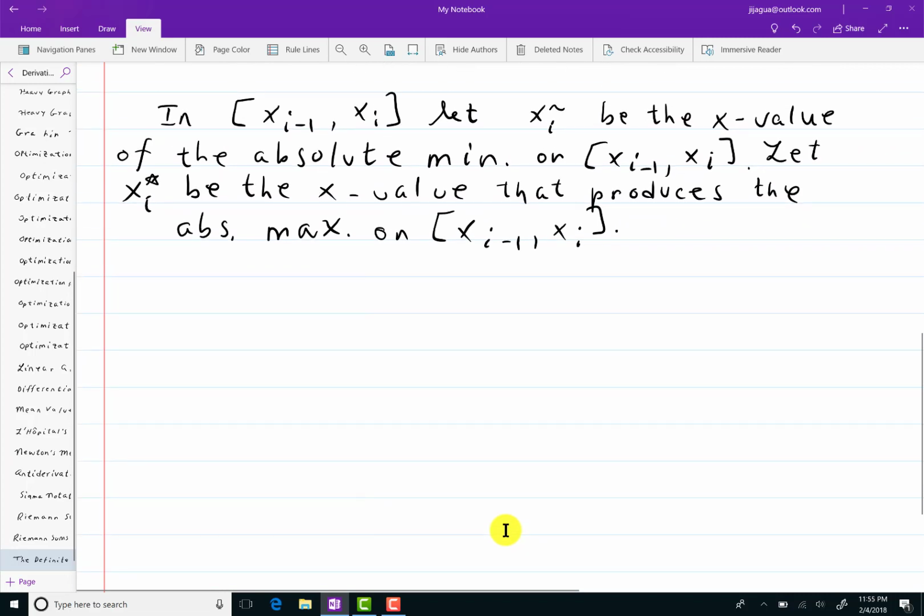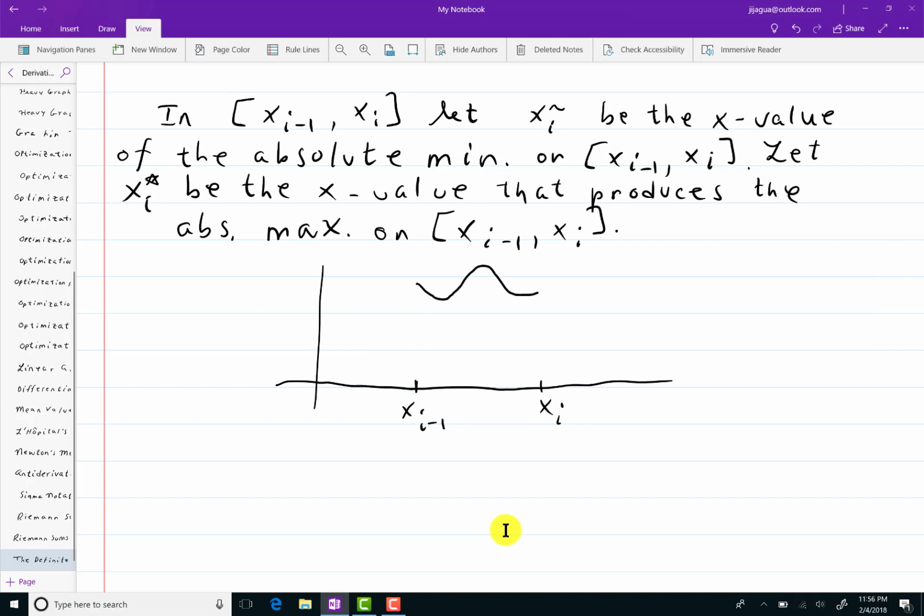So what do we know about this then? Let me draw a picture of just x sub i minus 1 to x sub i. On this interval, it could dip down, squiggle up, and all sorts of things. I really don't care. So in this picture that I'm drawing here, I'm going to locate for you where the x sub i squiggle is.